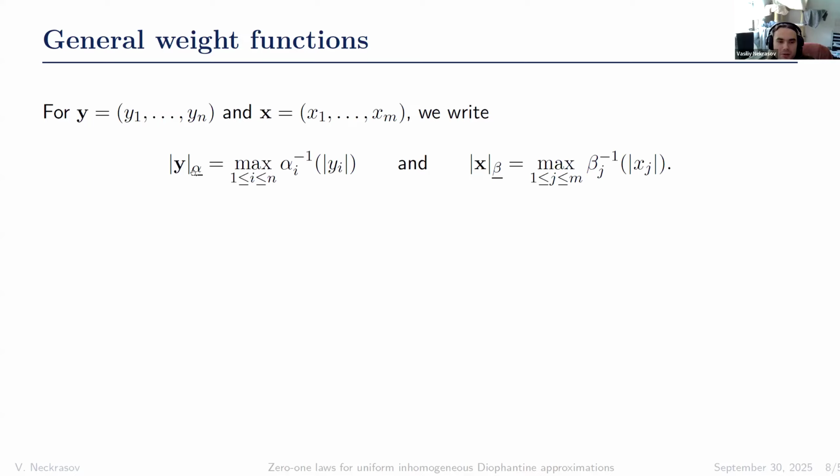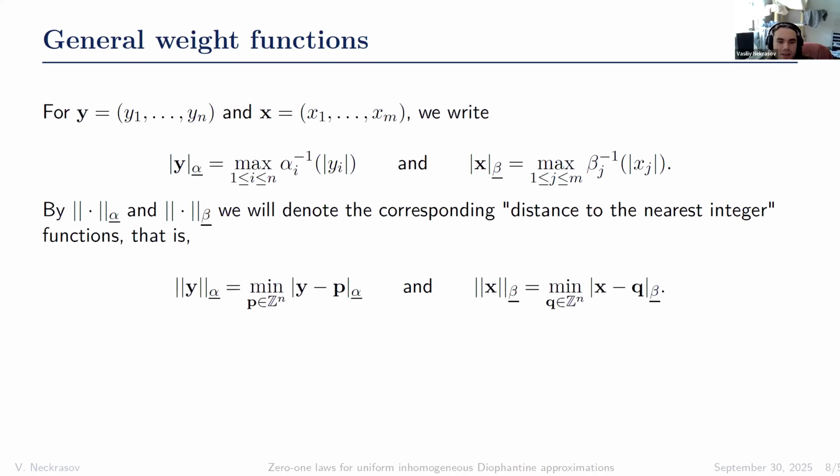And we will denote this notion of analog of norm by subscripts alpha and beta. We can define analogous with the distance to the nearest integer with respect to alpha and beta.